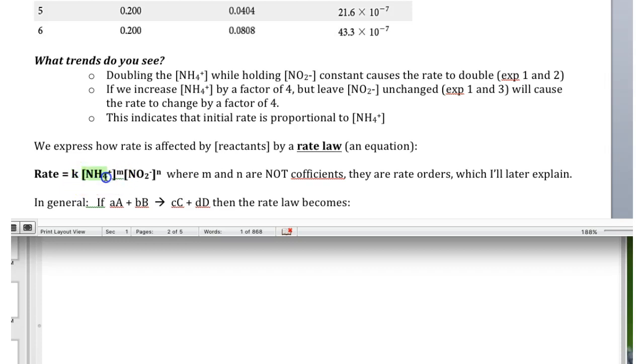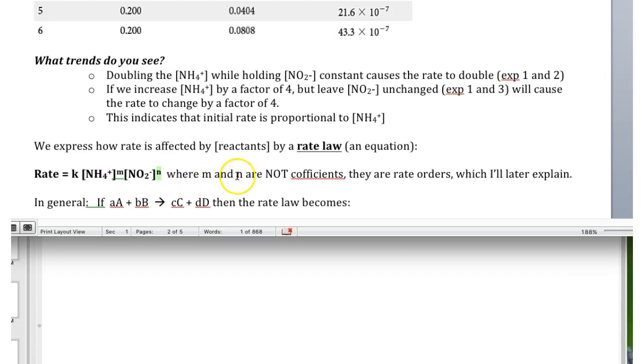Here we have the concentration of NH4, and NH4 is disappearing, and it's raised to a certain power of m. Okay, we're going to call this m for now. And then NO2 is also disappearing with a certain proportionality here, and we're going to call that n.